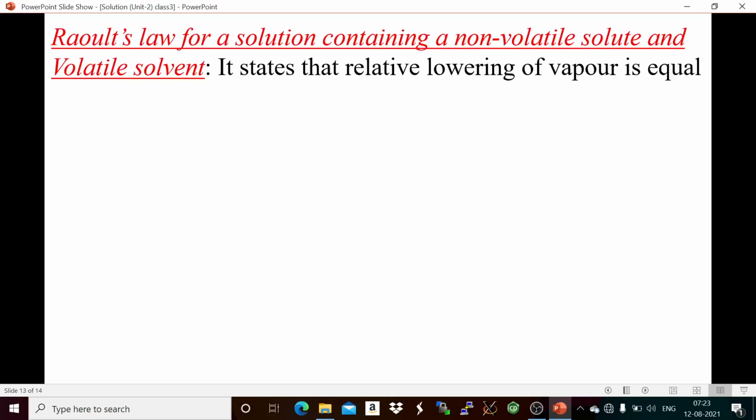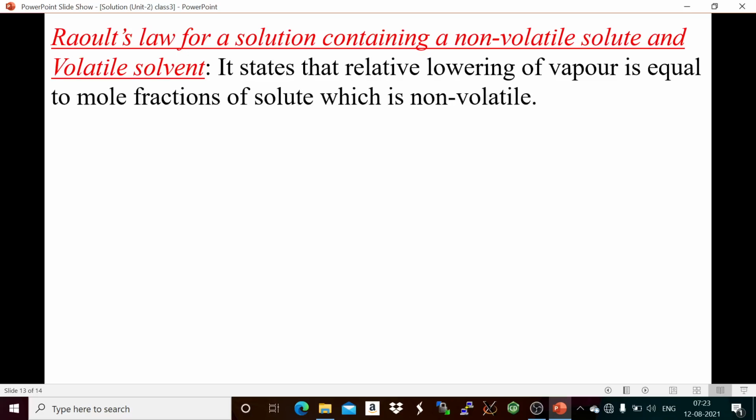So next, Raoult's law for a solution containing a non-volatile solute and volatile solvent. It states that the relative lowering of vapor pressure is equal to the mole fraction of the solute which is non-volatile.